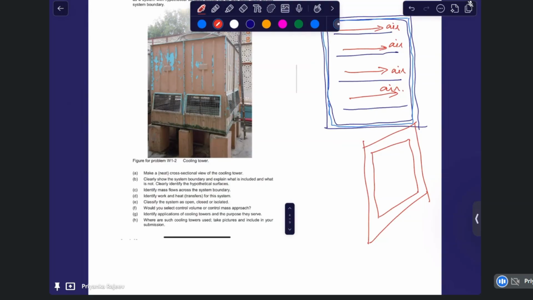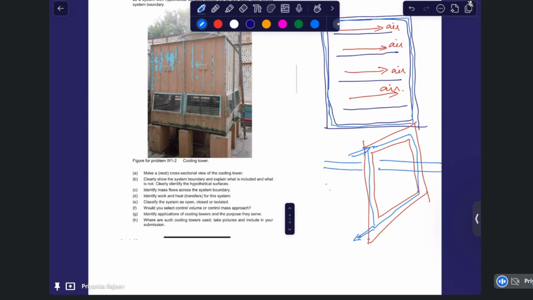This is a cross section view. So the inlet will be somewhere around here and the outlet around here. It will be circulating, and air will be passing through some tubular structure over here.